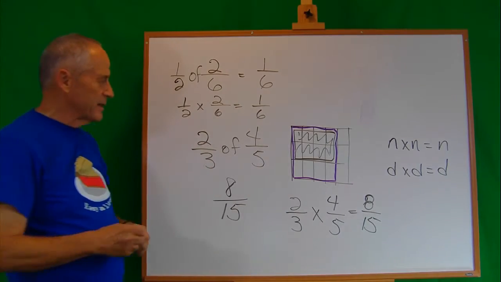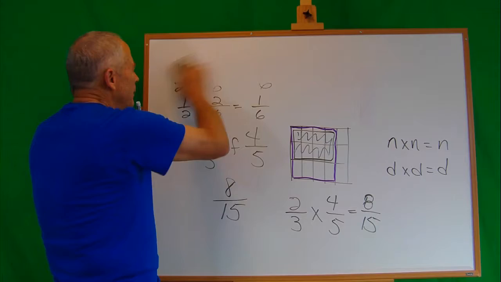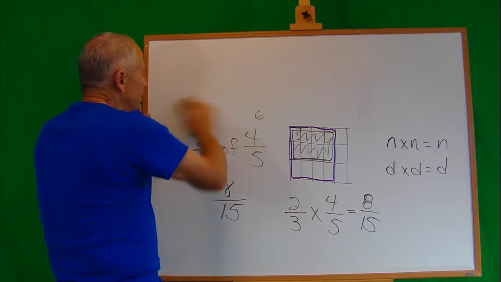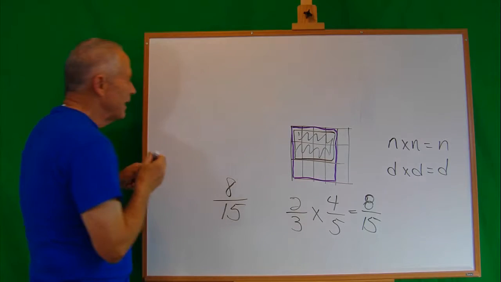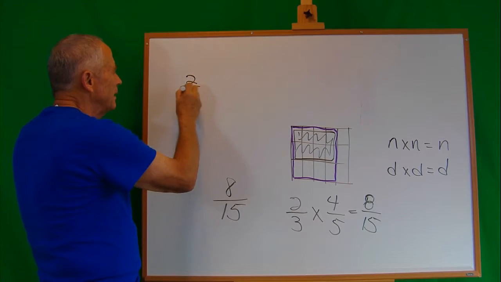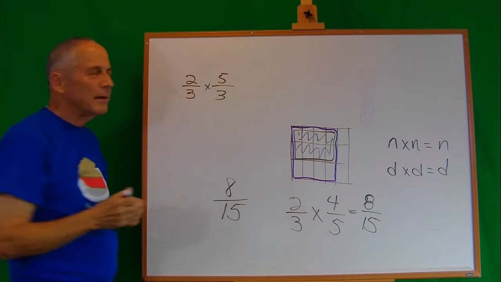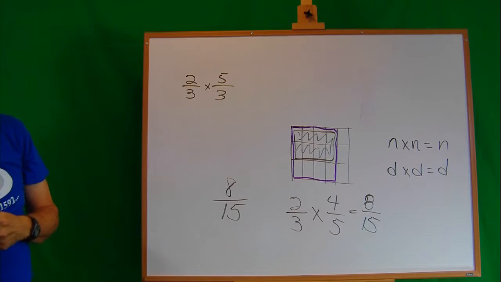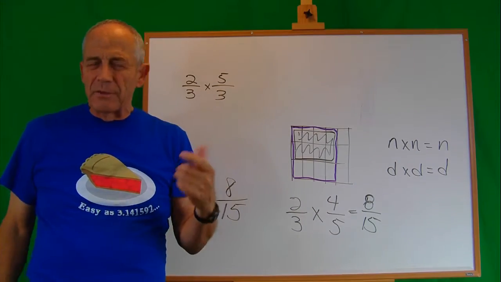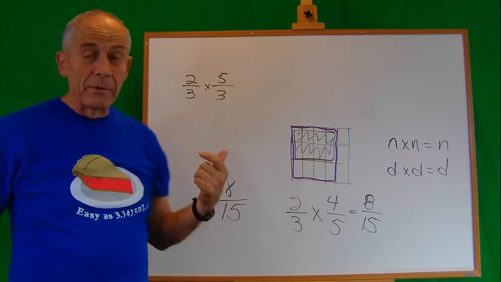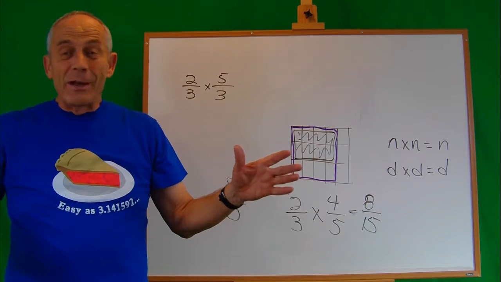One of the reasons that I like to do that is because sometimes people get confused when they have something like this. If I have 2/3 times 5/3, then their brain kind of goes back to addition, and they see that the 3's are the same, and they say, oh, the denominators are already the same.